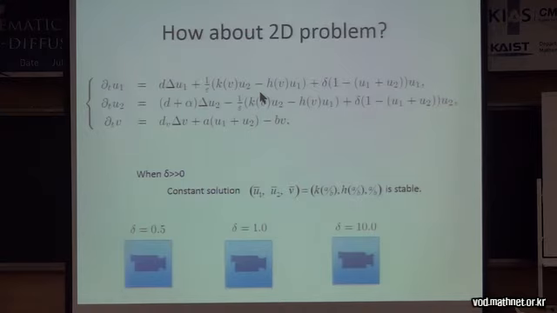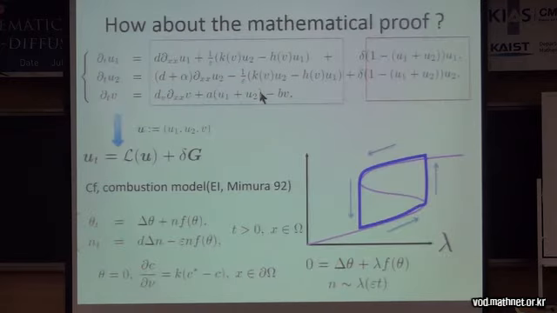Of course, we can similarly consider the 2D case, but the 2D case is very complicated and there is no time, so I just skip the 2D case. Now we can expect the existence of relaxation-like behaviors for this system. But how about the mathematical proof for this equation?